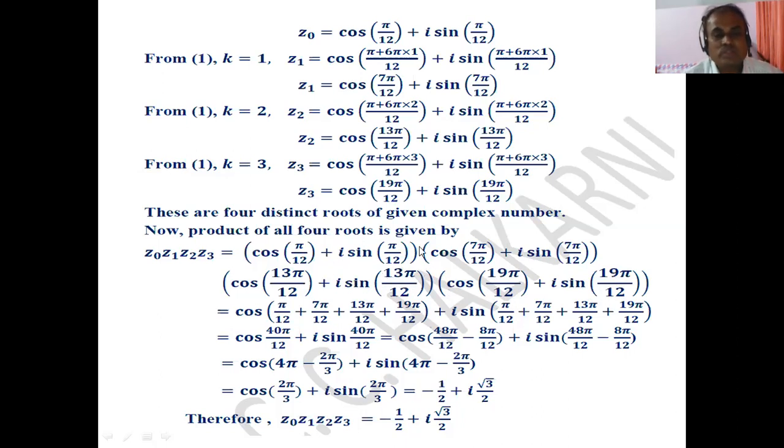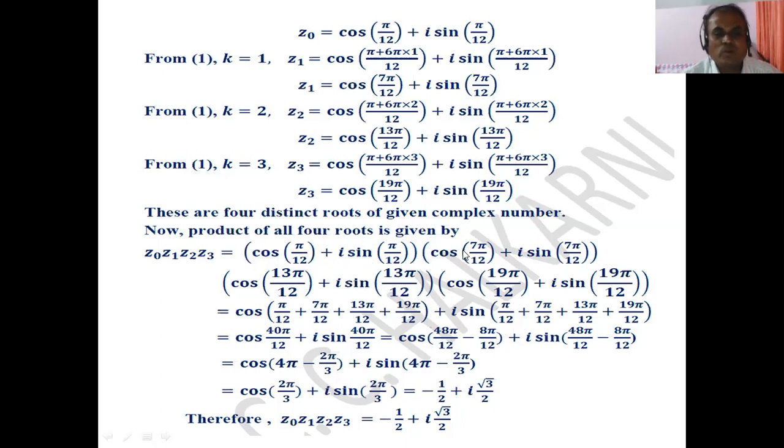Now first we take these two products. We multiply the first bracket by the second bracket, and by using the trigonometric formula, cos of (a + b) equals cos a cos b minus sin a sin b, and the other trigonometric formula, sin of (a + b) equals sin a cos b plus cos a sin b, we simplify this.